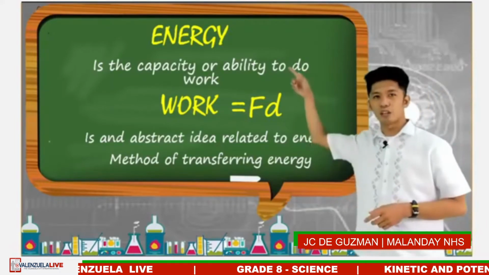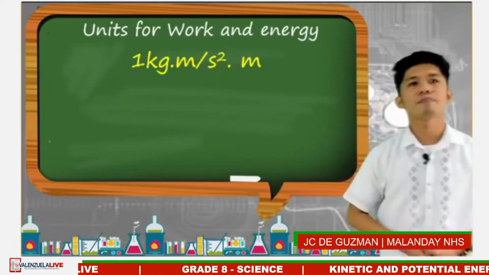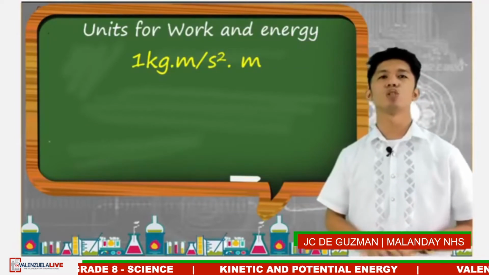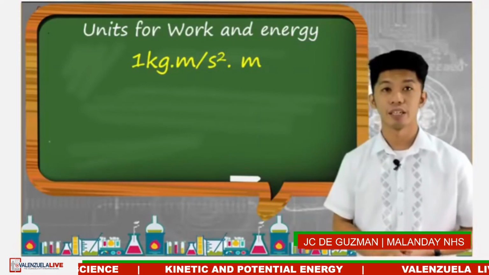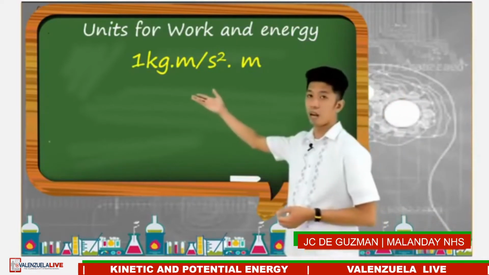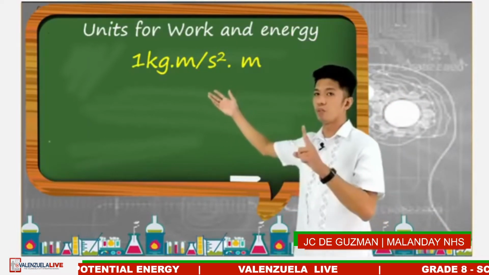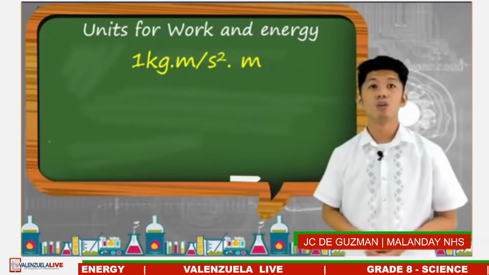For the unit of work and energy, we have 1 kilogram times meter per second squared times meter. 1 kilogram times meter per second squared is equivalent to 1 Newton, which is the unit for force.